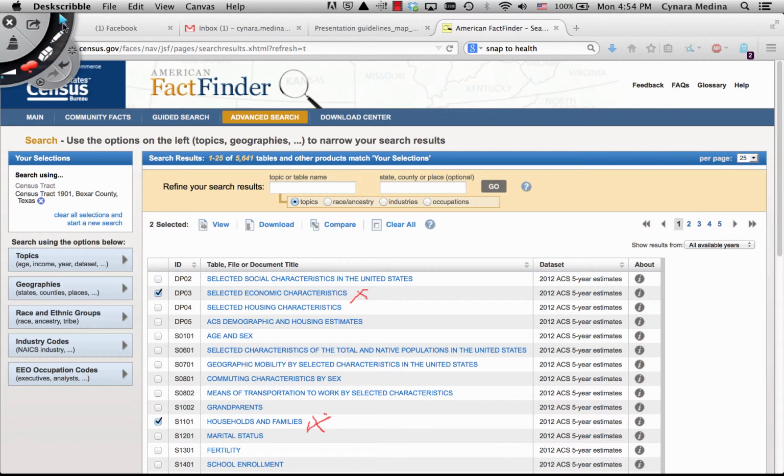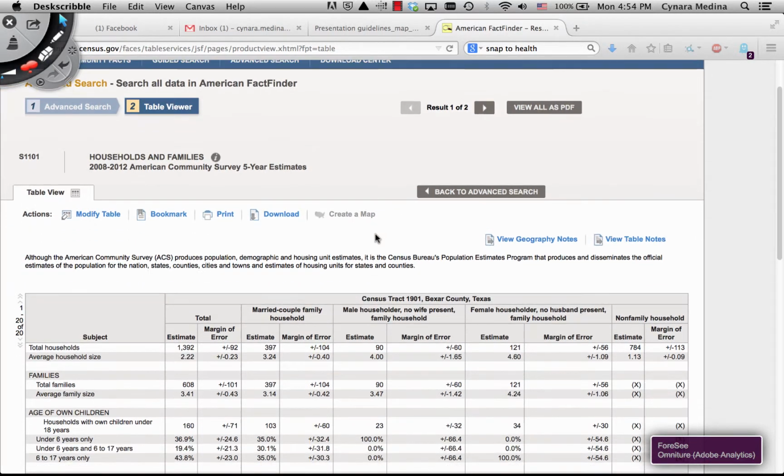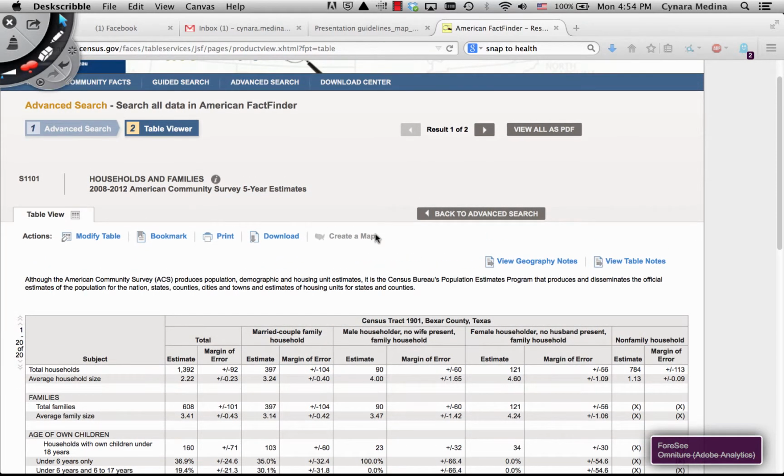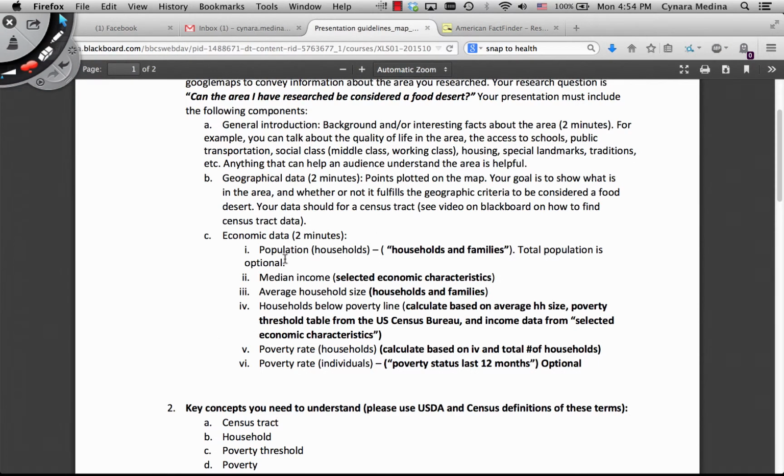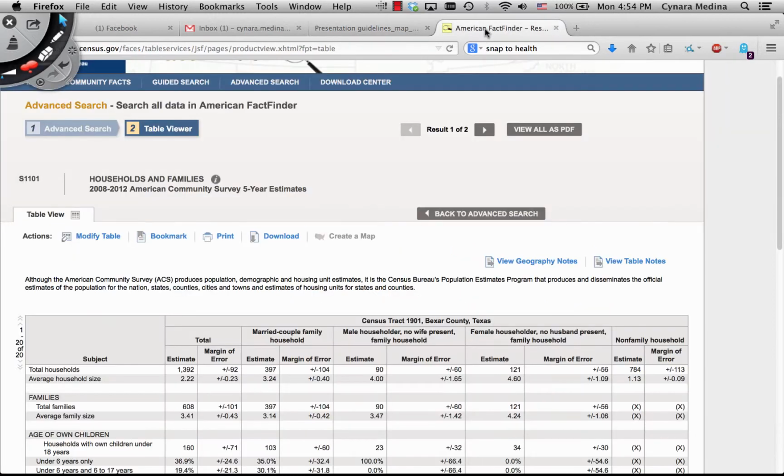Once you have them, you have to click on View. This is your first table, households and families. So from this table, you are going to get the population in households, the average household size, and that's it.